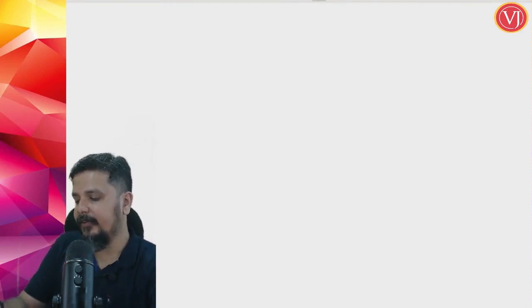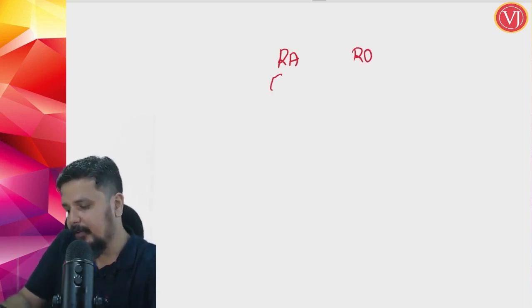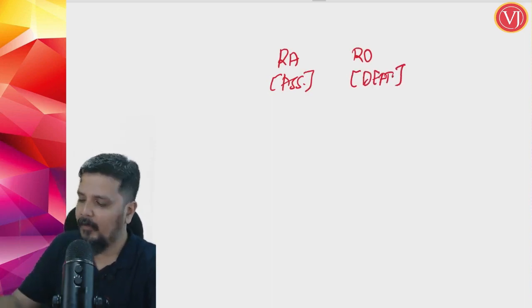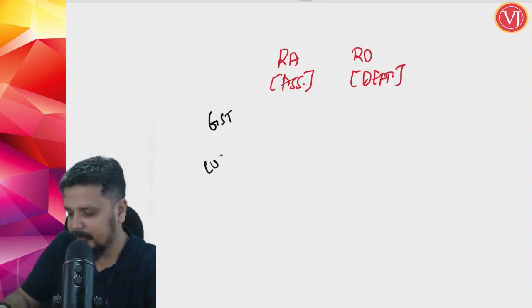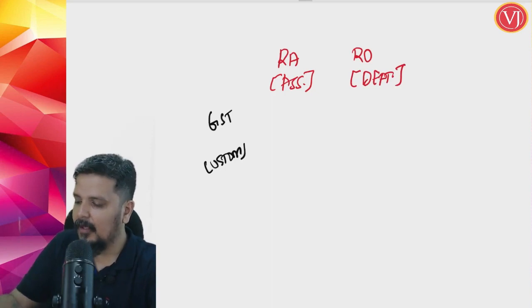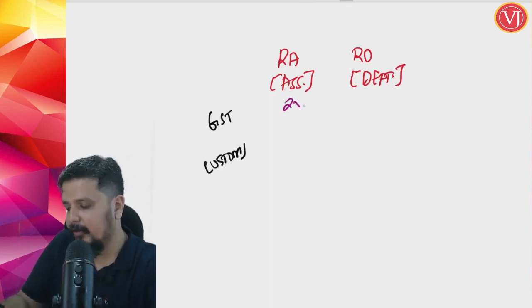In GST, the refund application is made by the assessee, and the refund order is by the department. What is the time limit when you talk about GST? For the assessee, 2 years from the relevant date.